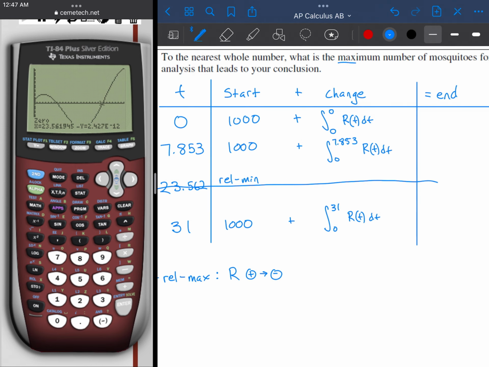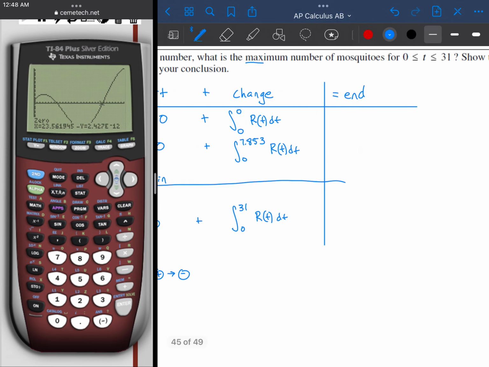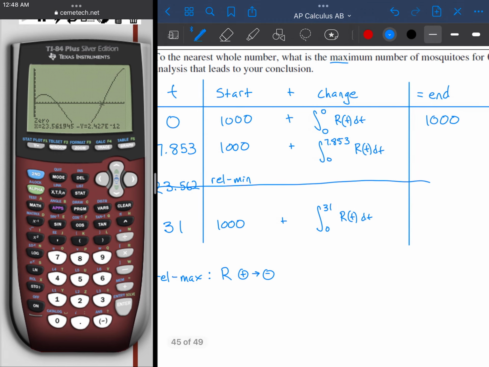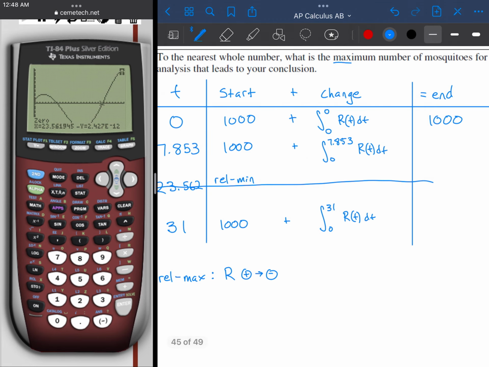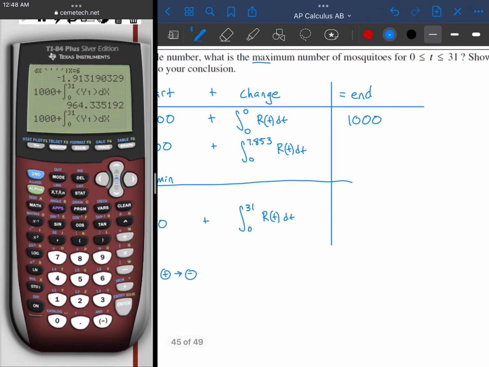All right, just got to punch these in the calculator. Again, this first one you don't have to worry about because that's just 0. So the first one is just 1,000, which makes sense because there are 1,000 mosquitoes when I begin, and then I have to do this next one. So quit out of this. We're going to do basically that last integral, so I'm going to do a second enter. And I actually have 0 to 31 already.